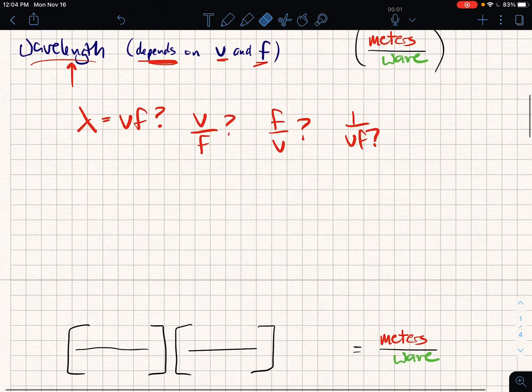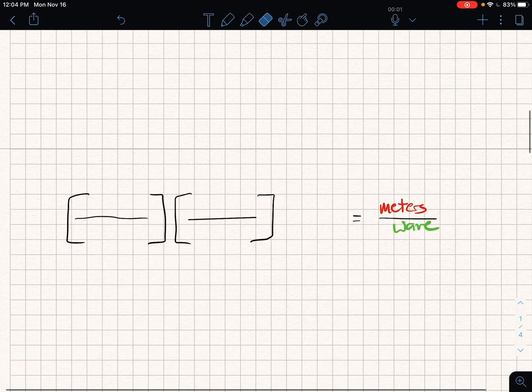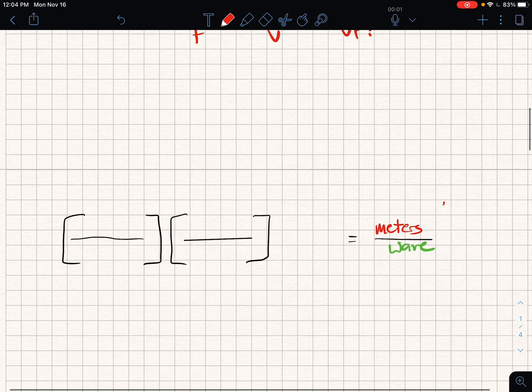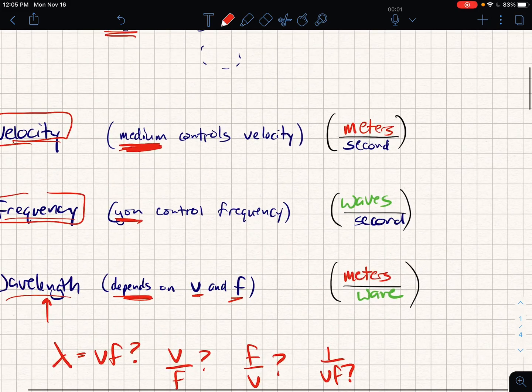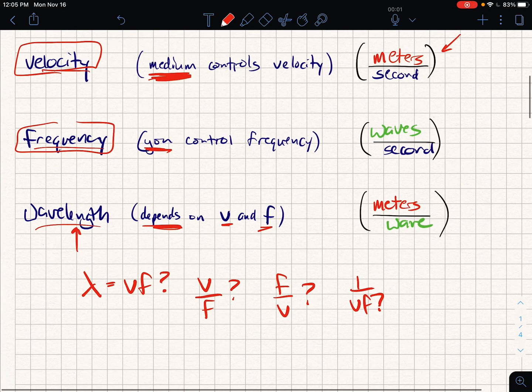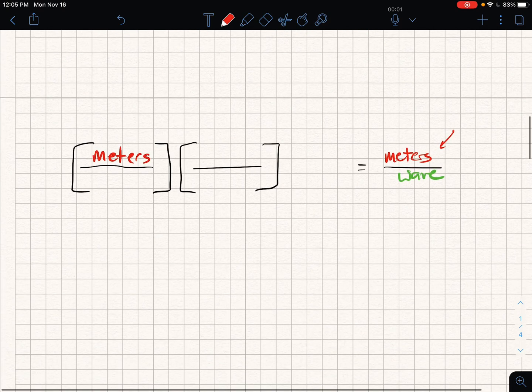And so the way I'm going to set this up is I need to figure out what I'm going to multiply together to leave me with units of meters per wave. And so I'm going to go back up to my units of the other two and see what I can work with here. And I see on top is meters, and oh look, here's meters per second right there. So I'll start by putting velocity as one of my first terms, meters per, and just to stay with my color code here, I'm going to go back to the navy blue for seconds.